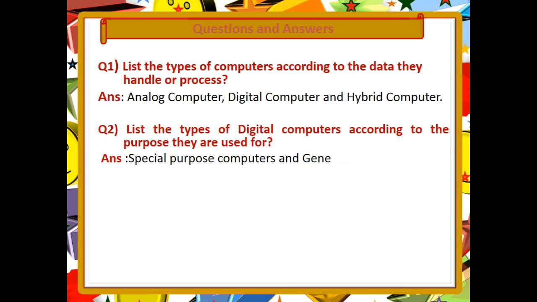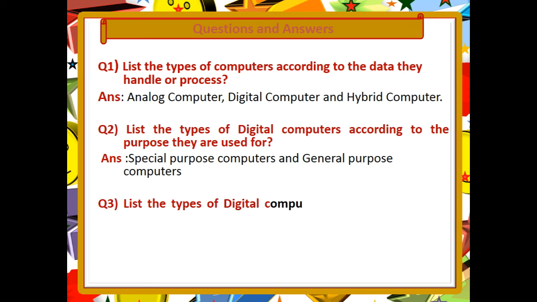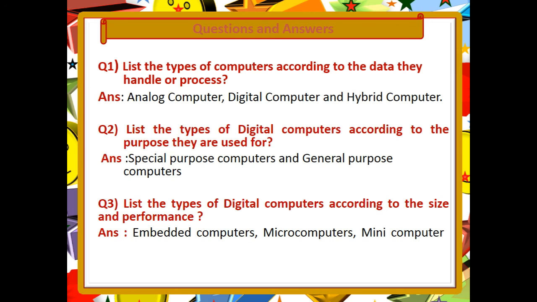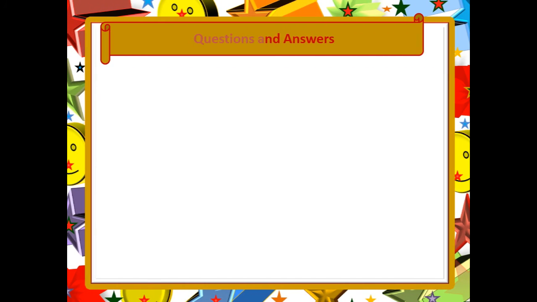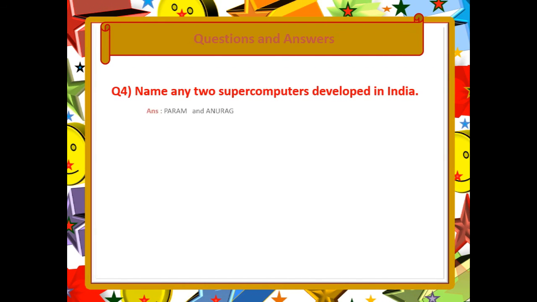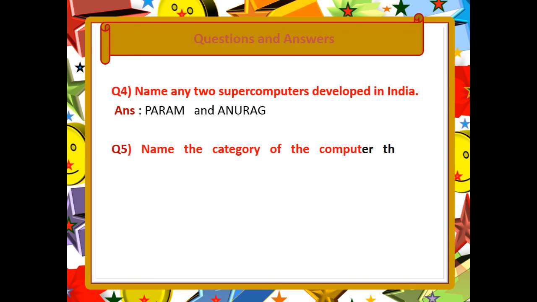List the types of digital computers according to size and performance wise. Answer: embedded computers, microcomputers, mini computers, mainframe computers, and supercomputers. Question 4. Name any two supercomputers developed in India. Param and Anurag.